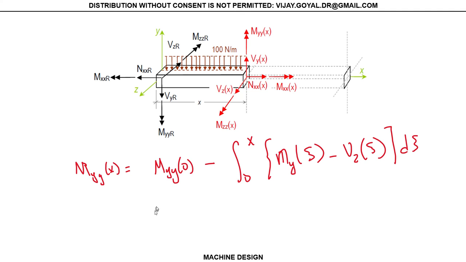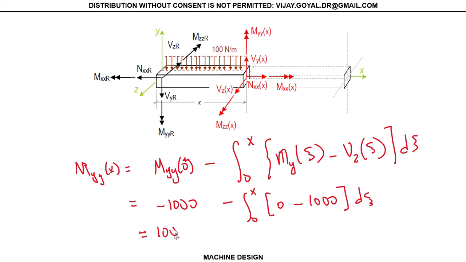And what you have in the problem, this is plus, don't forget this. This gave me minus 1000, we found that. This is 0 to x. This is 0, I don't have any distributed moments. The value of this is 1000. This is this I, and that gives you 10,000x minus 10,000. Okay, that's how I found this guy over here.